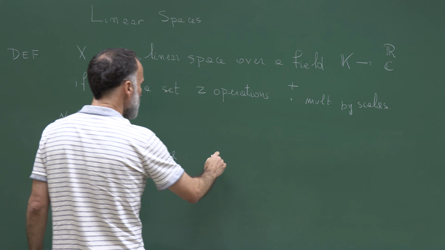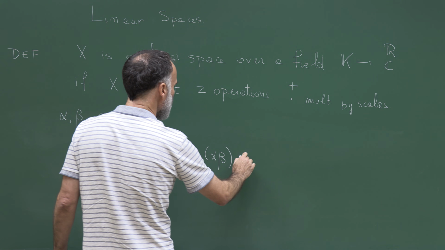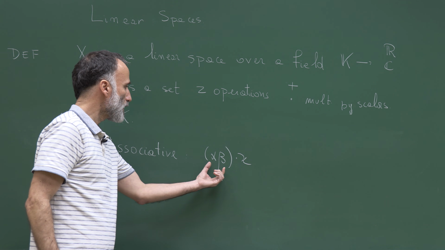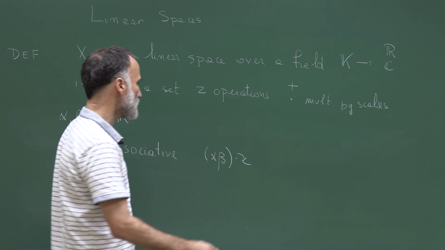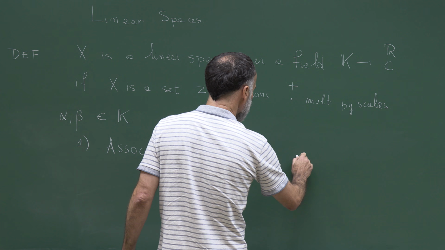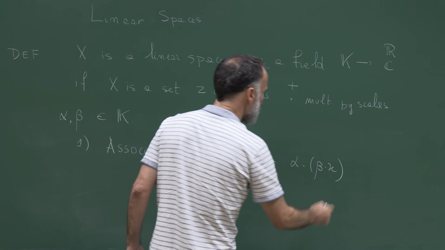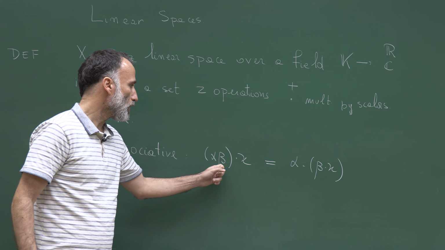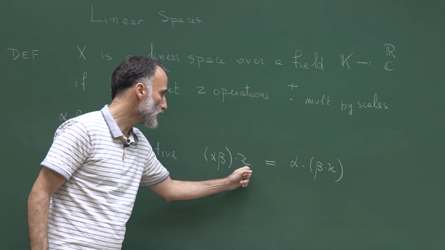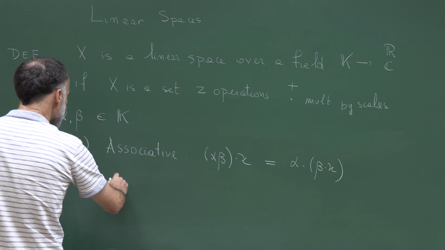This means that if I take alpha times beta, which is now a new element of the field, and I multiply that by an element of X, well, this will be equal to alpha times beta x. And of course, I'm assuming this for all alpha and beta in the field K, and for all x in X. And it's also distributive.